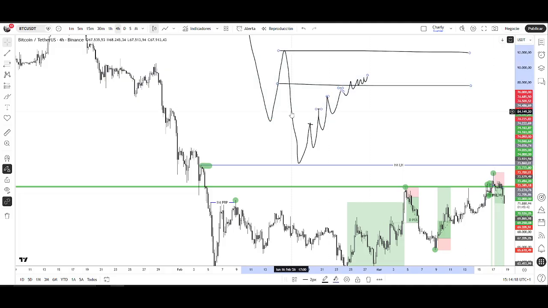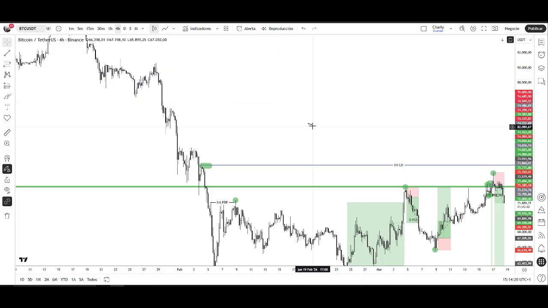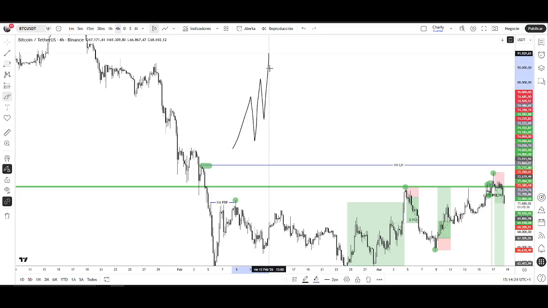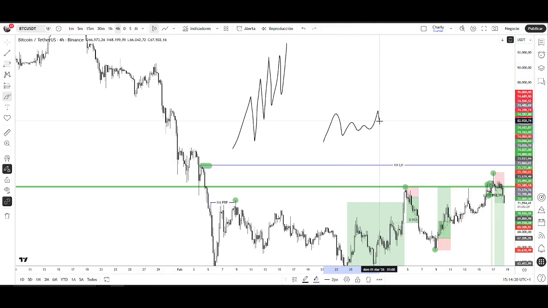I don't mean on a horizontal way, because we can have this, and this is more extended than, for example, this. You see, there is more horizontal distance between higher highs than here. All right, so we're talking about vertical distance, the distance in pips between higher highs.